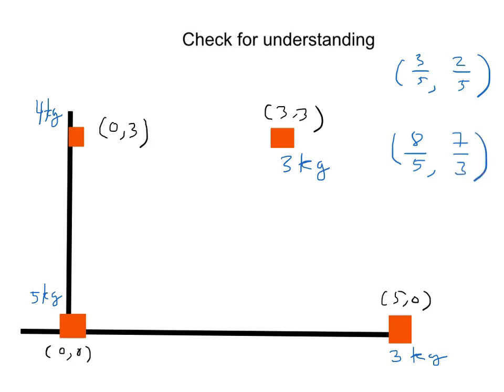The next option is the point 3/7 over 8/5. And the next option is that you just have absolutely no idea. So why don't you pause this video, take a minute to try to write this out, and then click on the right box and see how you did.